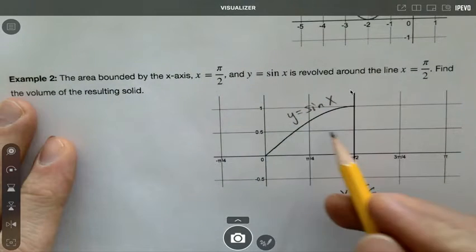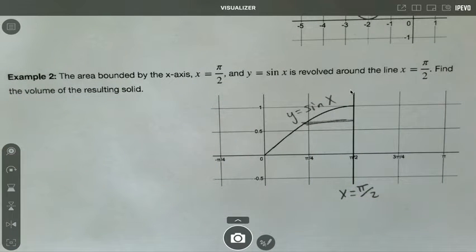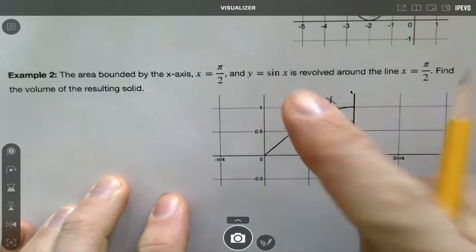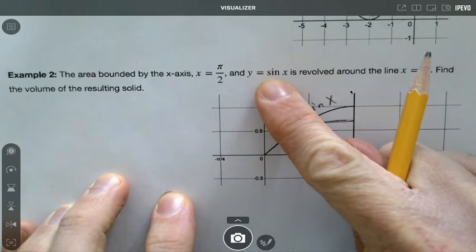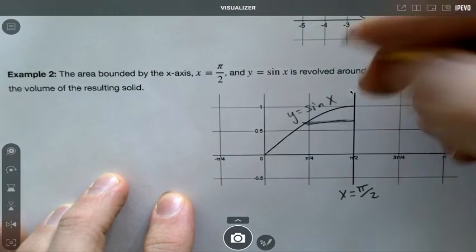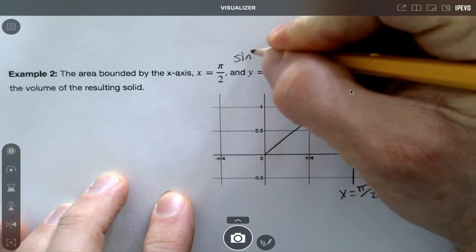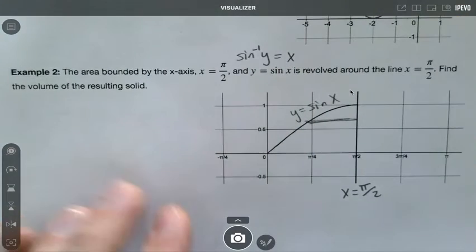But because we're creating our cross sections in this direction, just remember I need to rethink my function as x equals rather than y equals. So all I would do is inverse sine both sides. So my function in terms of y is really inverse sine y is equal to x.